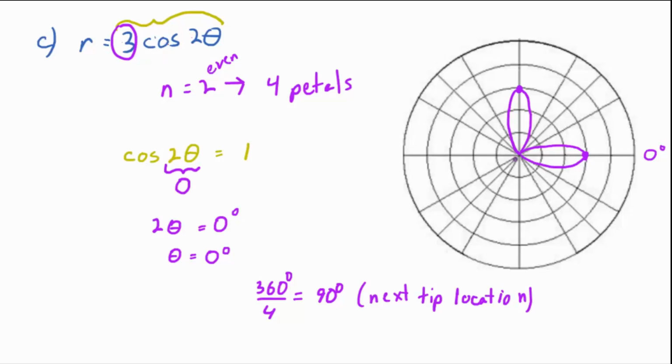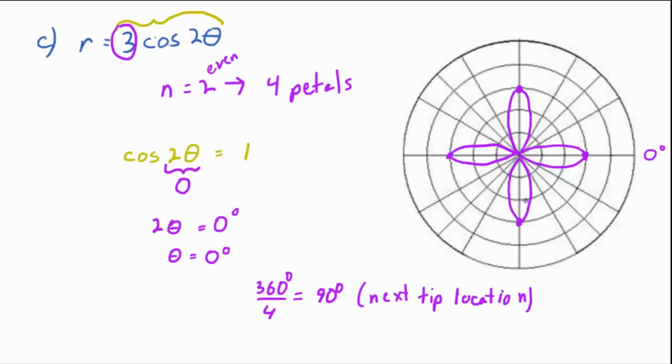Now the next tip will be 90 degrees away. So make sure that was right. 1, 2, 3, yep. Draw that petal. Same, a copy of the previous petal. The next tip is 90 degrees away. Draw that petal. Okay? Now that's a quick way to do it, and it's sufficient in most cases.